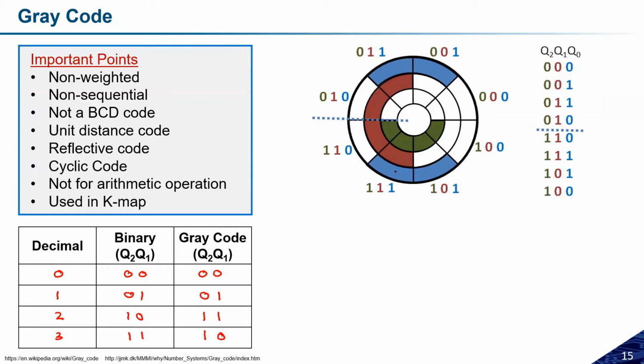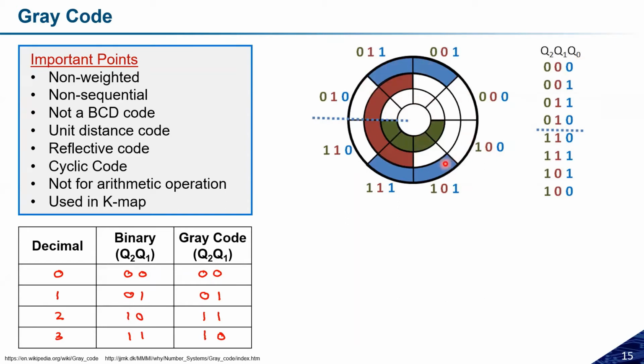Let us see how we can understand this Gray code. The innermost circle indicates the most significant bit, whereas the outermost circle indicates the least significant bit.